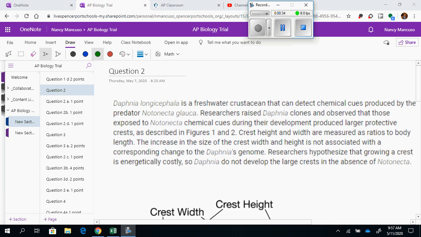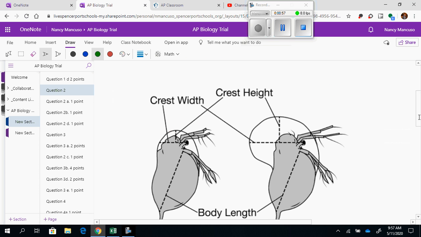Crest height and width are measured as ratios to body length. The increase in the size of the crest, width, and height is not associated with a corresponding change to the genome. Researchers hypothesize that growing a crest is energetically costly, so Daphnia do not develop the large crests in the absence of N. Okay, so let's look at these crests.